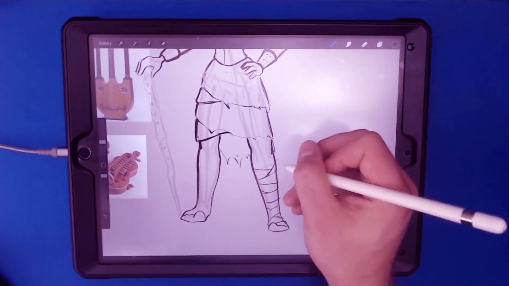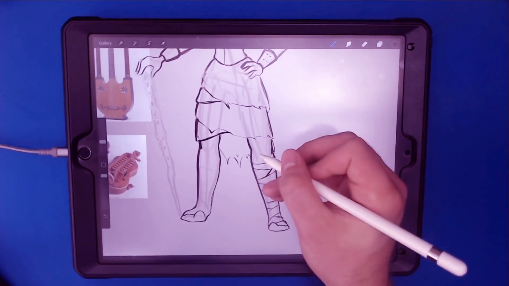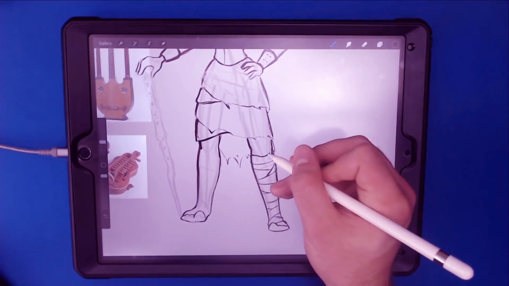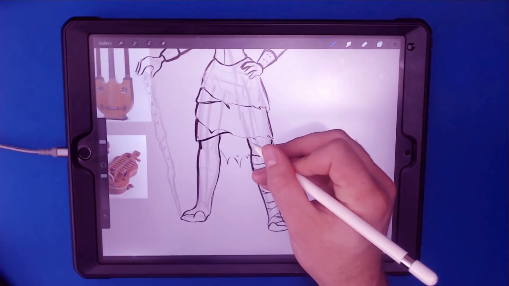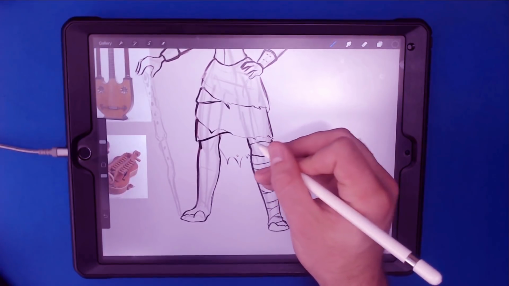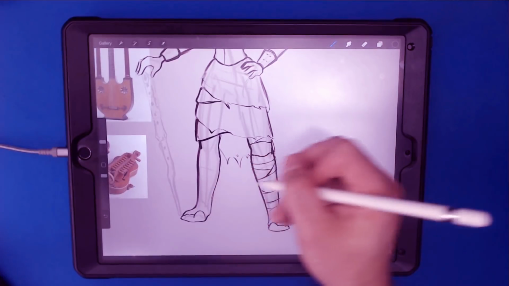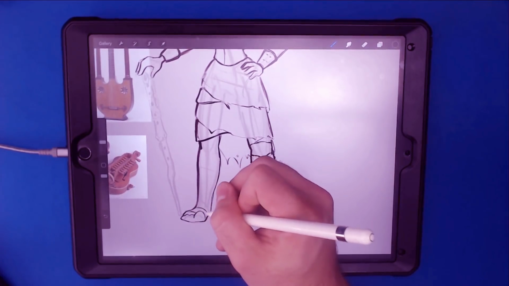Don't want to do the X with the cloth too often here. Let me get to the knee and just add a little bit of a bump in the road as it wraps around. Okay. Banded up feet for warmth. Banded up legs.